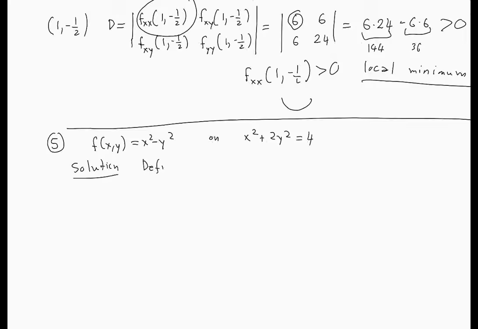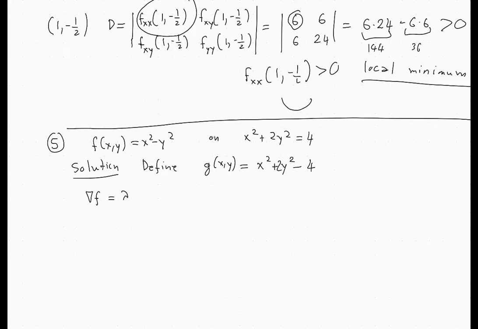So I think the easiest thing to do is bring everything to the left-hand side and set that as g. Okay, and there you go. And finding the critical points that are subject to that constraint is the same as solving the system of the gradient of f being parallel to the gradient of g and g being equal to 0, right?